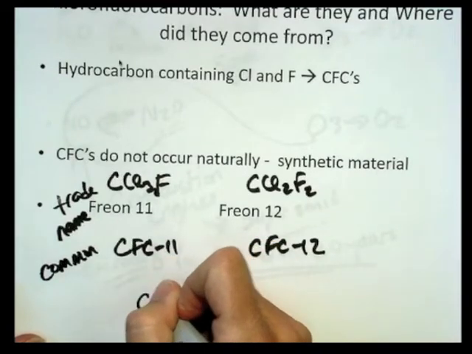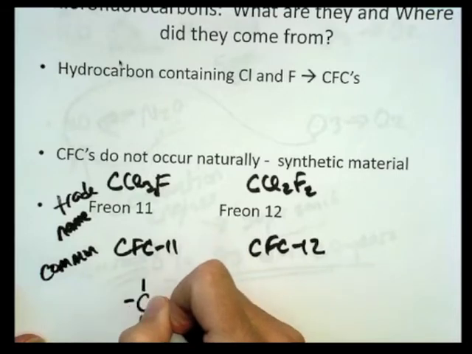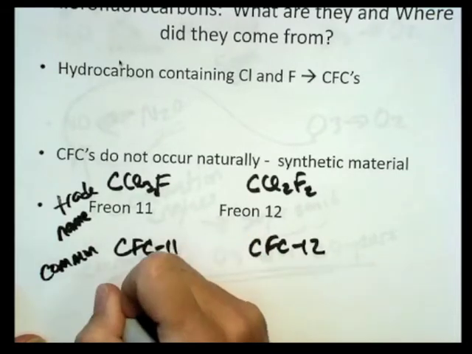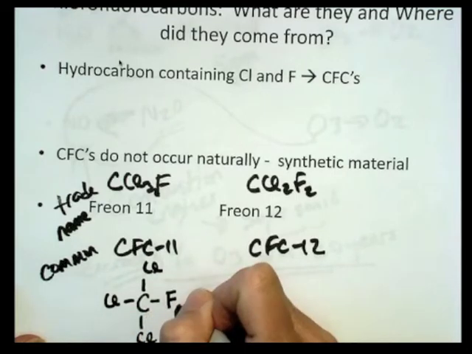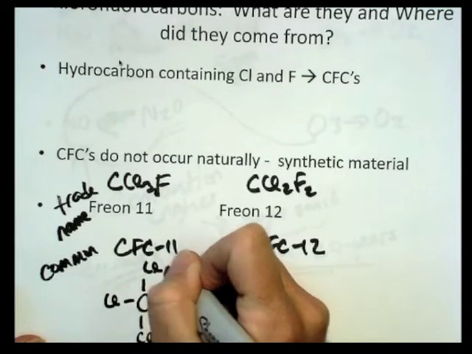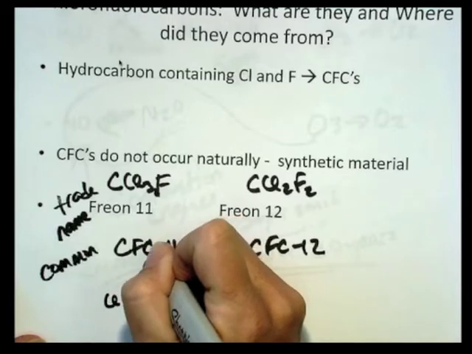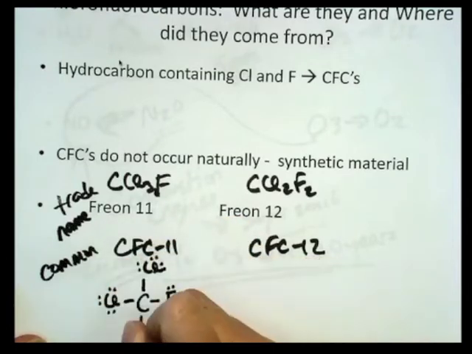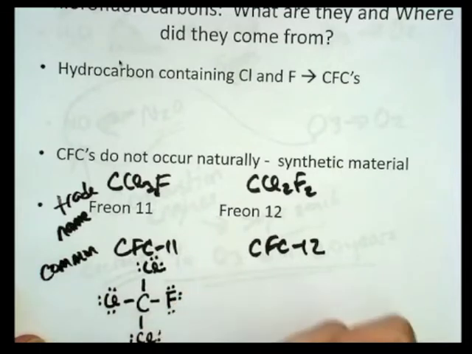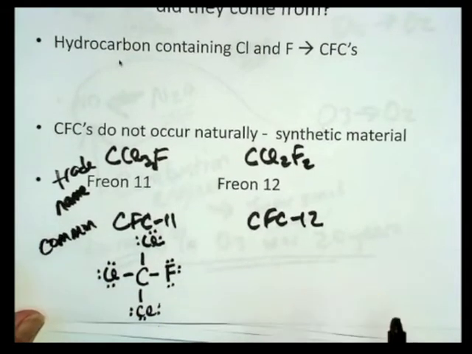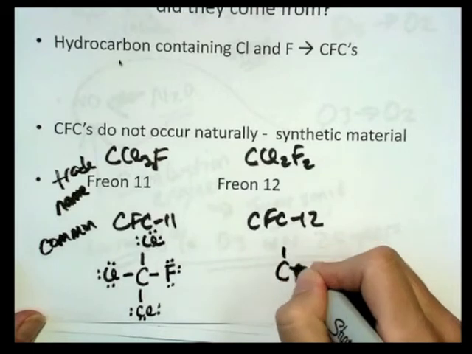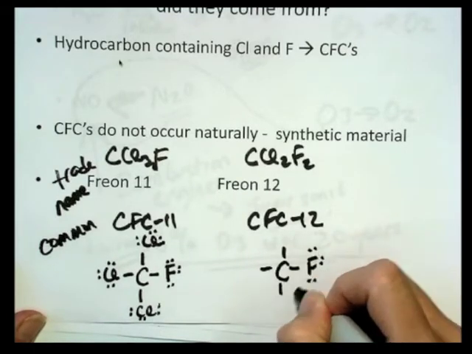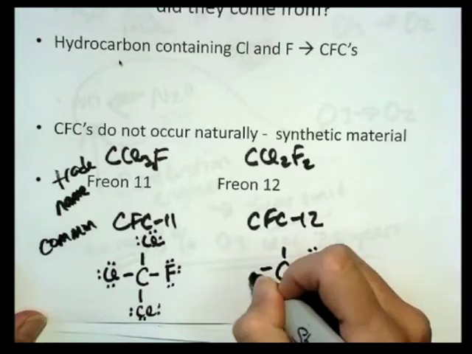CFC-11 is simply carbon with 4 bonds, and on one bond is fluorine, and on the other 3 covalent bonds is chlorine. All of these halogens have 8 valence electrons. It's a very, very stable molecule. This one's similar: 4 bonds on the carbon, only 2 of them are fluorine and 2 of them are chlorine.